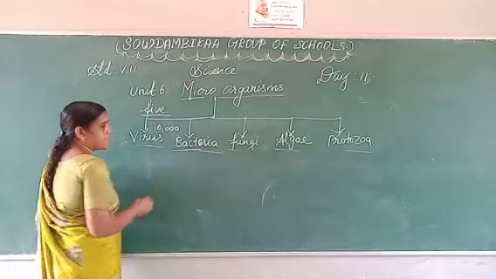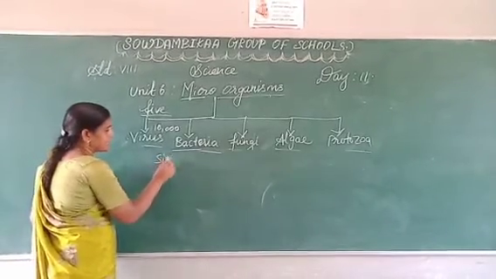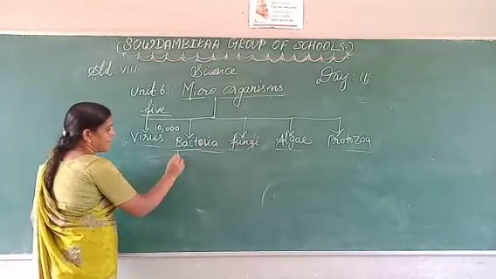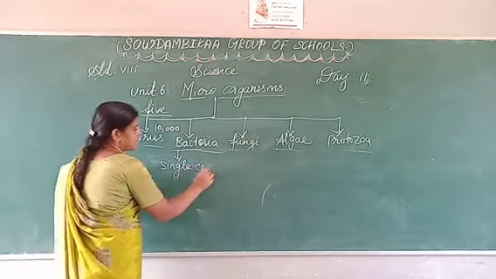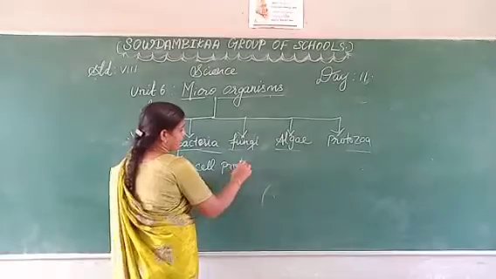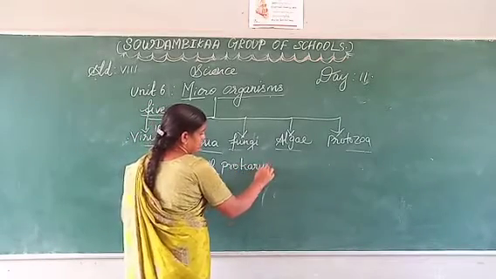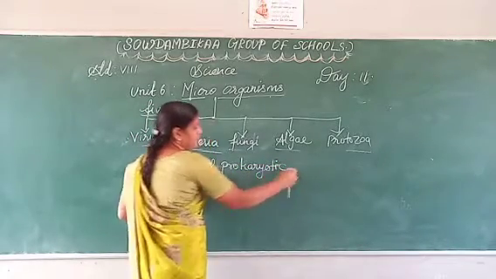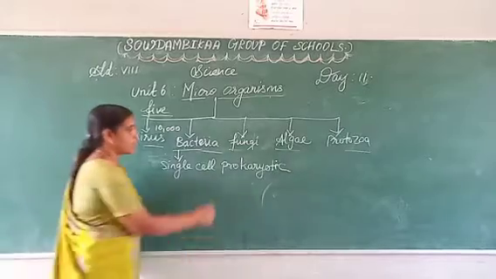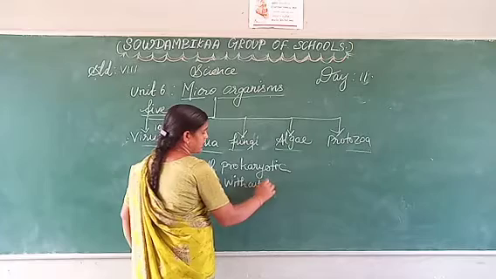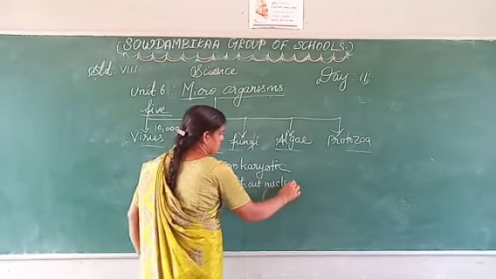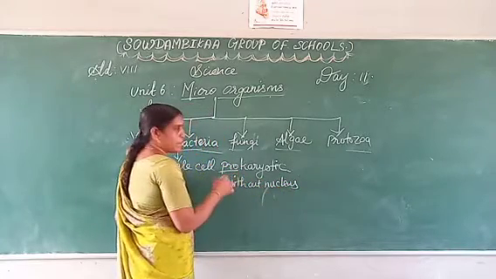So the bacteria is single celled. What do we mean by bacteria? A bacterium is a single celled prokaryote. Prokaryotic means without a nucleus, not well developed.